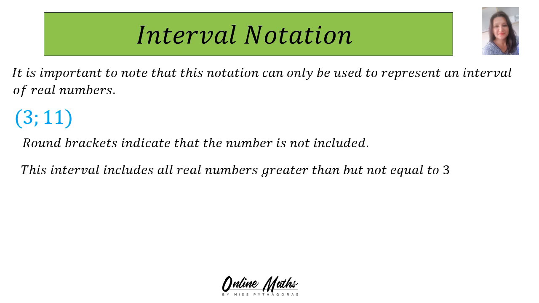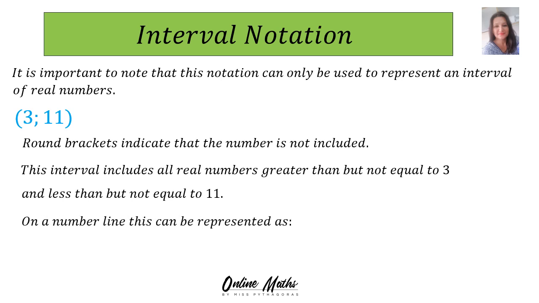This interval includes all real numbers greater than but not equal to 3 and less than but not equal to 11. On a number line, this can be represented as, so what you do is you make a little circle, and it's a circle that's not been colored in, and then there's your 3, you make a line, and then you make a circle again, and 11.